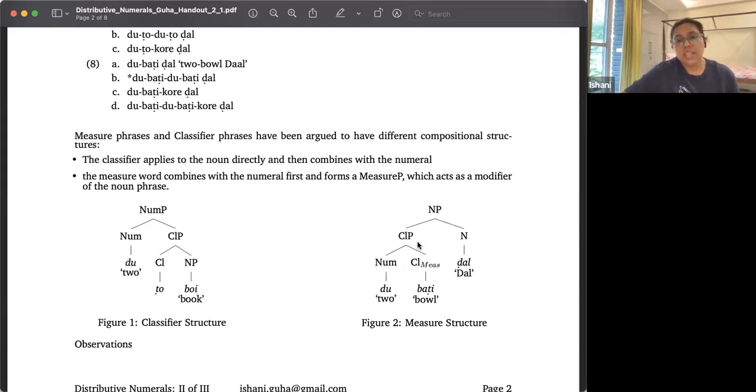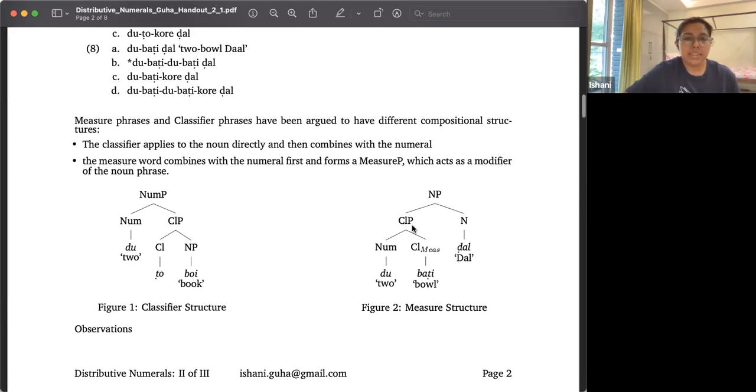Usually people write it as measure phrase in figure 2 instead of classifier phrase, but not to confuse too much, I retained it as a classifier phrase and called it a measure classifier. So what happens is that the numeral and the measure word form a measure classifier phrase, and then that phrase works as a modifier of the noun.